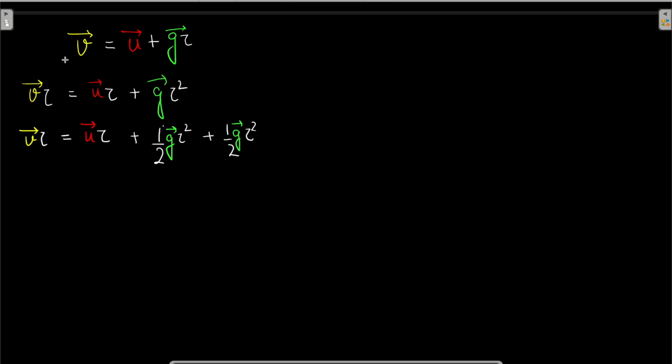These two are the same thing. Now this part is the displacement vector which we saw in blue color. This is the blue thing, S vector.